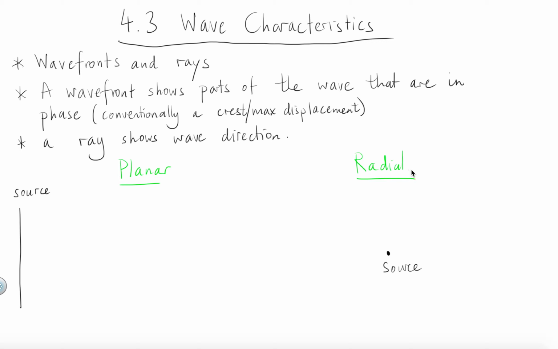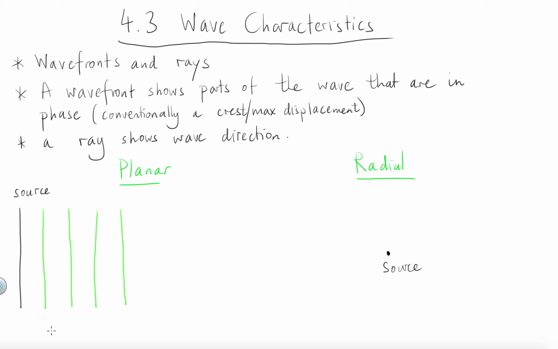wavefronts and rays. So let's say we have a planar source of waves. This could be, for example, the sun's rays as seen from far off, or deep sea waves. So if I look from the top down on the waves as they come into a beach, then I'll see a crest, a crest, a crest, and a crest.